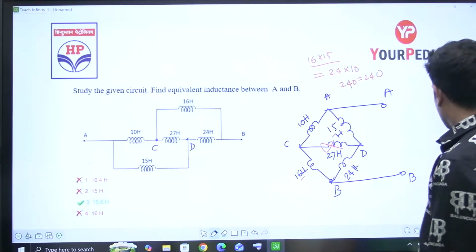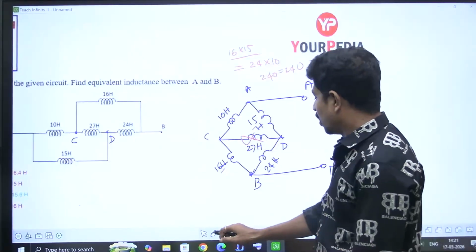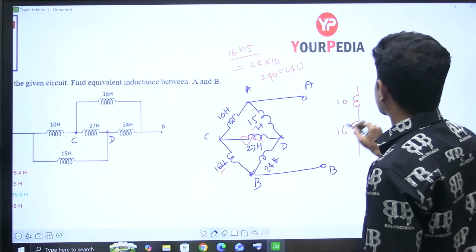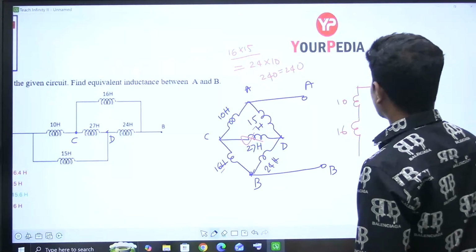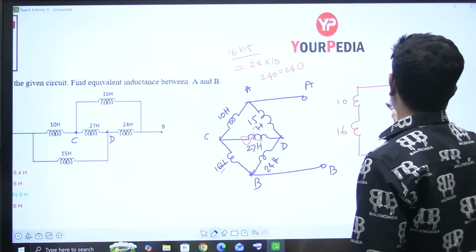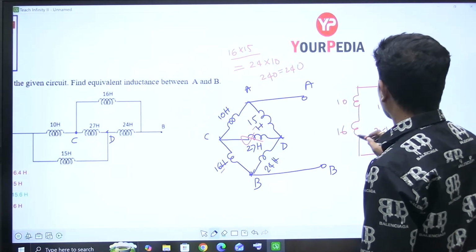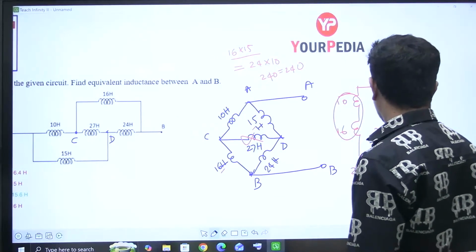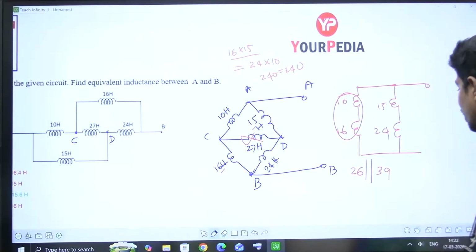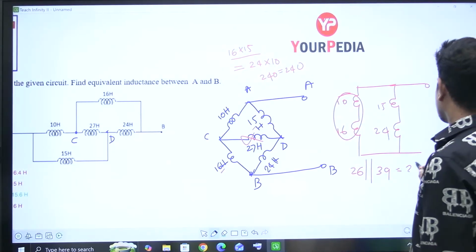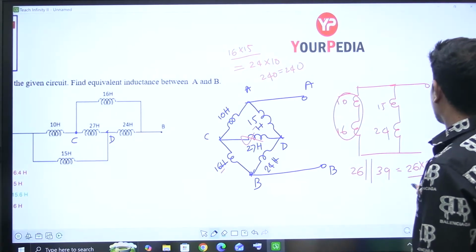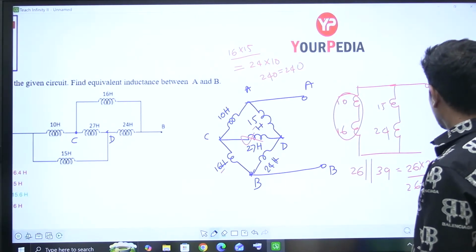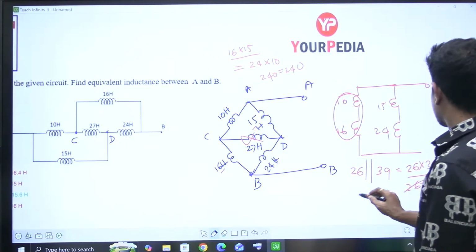Once we neglect that, let me draw here again. This is 10 Henry, this is 16 Henry, this is 15, this is 24. How much is this? 26 in parallel with 39. That is 26 into 39 divided by 26 plus 39, which is 65.